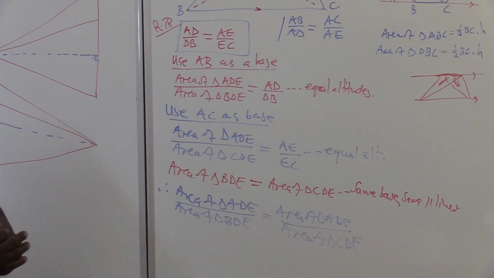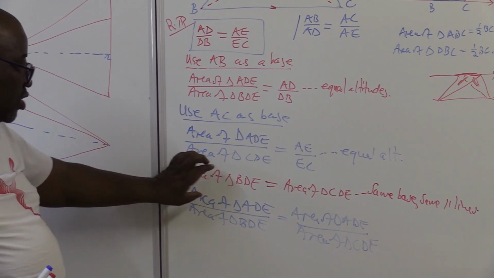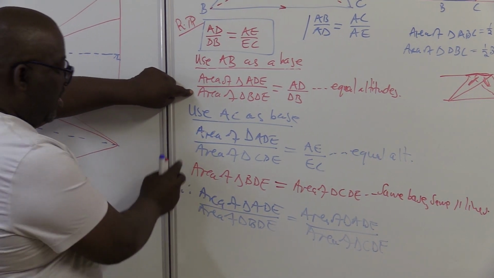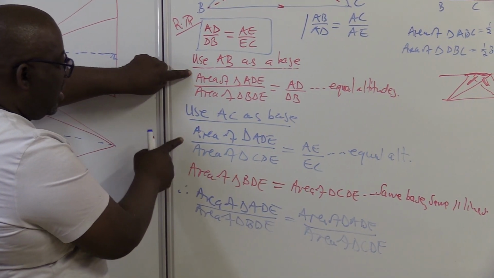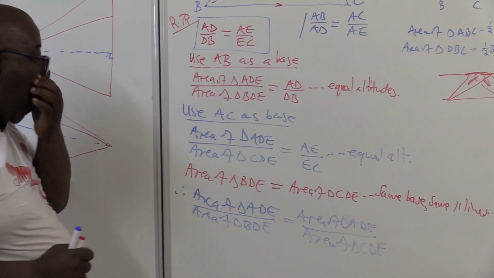Right? We've already proved above that the denominator here is the same as the denominator here, and area of triangle ADE is the same as triangle ADE. So everything is the same.